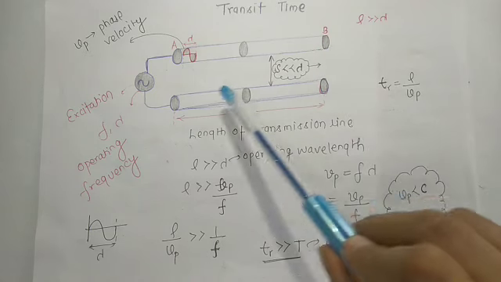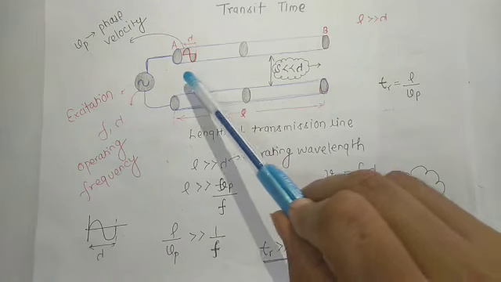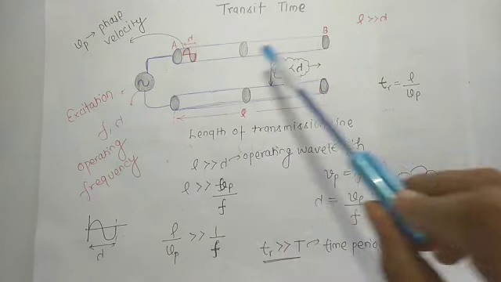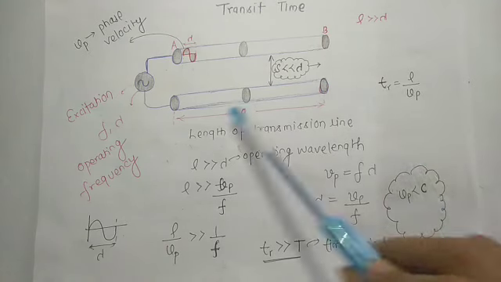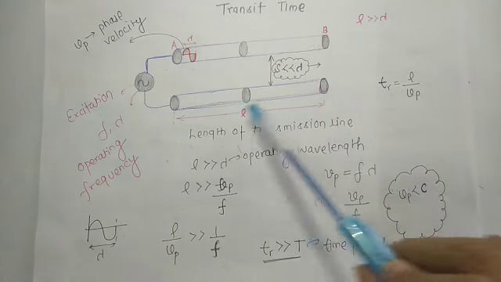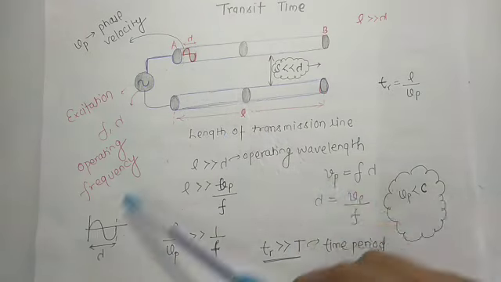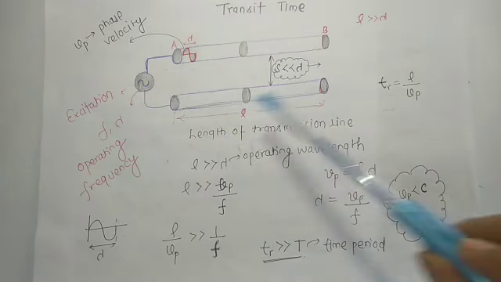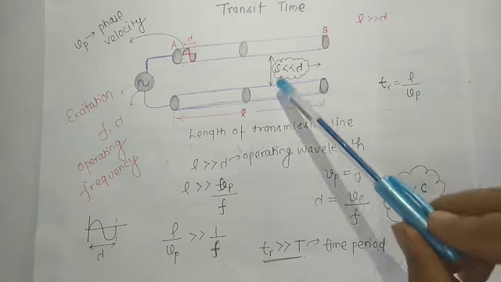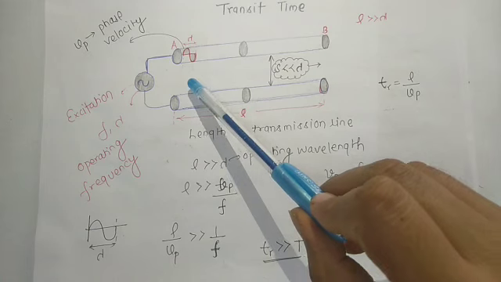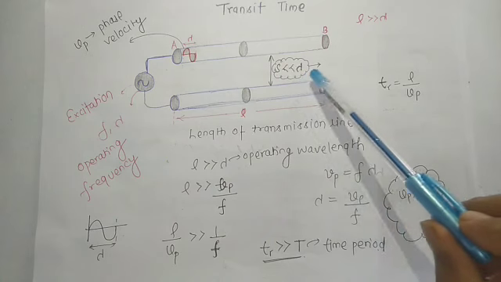So I can predict that this wave will take some time to reach point B. When it travels from point A to B, it takes some time, and this time is known as transit time. With the help of this equation, this is the length, and the wave moves with some velocity, known as the phase velocity. Remember that. Never say that this wave travels with the velocity of light.